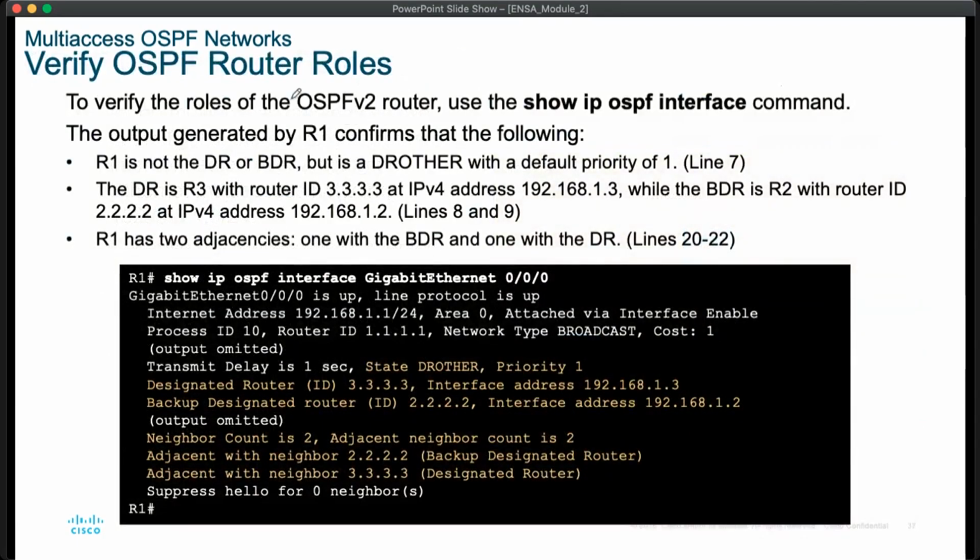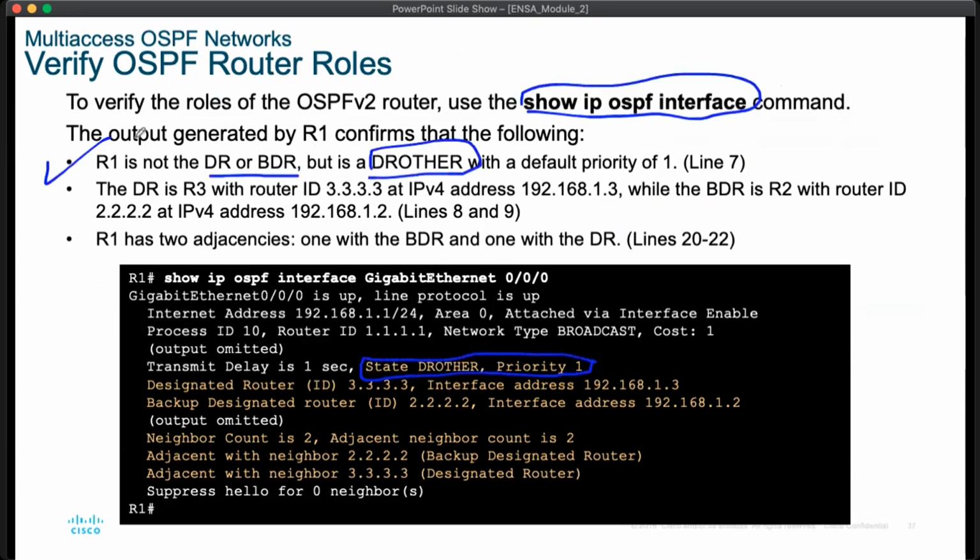So to verify the roles of OSPFv2, use the show ip ospf interface command. The output generated by R1 confirms the following: R1 is not the DR or BDR, but it is a DR other, with a default priority of 1, which you can see in line 7.